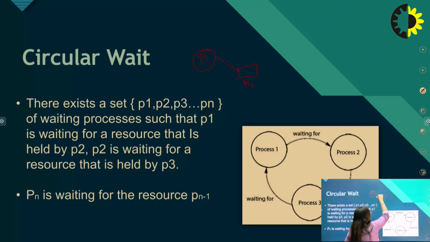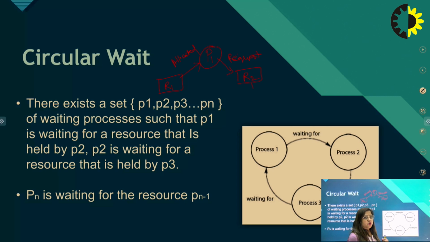So P1 acquired this resource, and P1 also wants the R2 resource. R1 is allocated to P1 and P1 also requests R2.